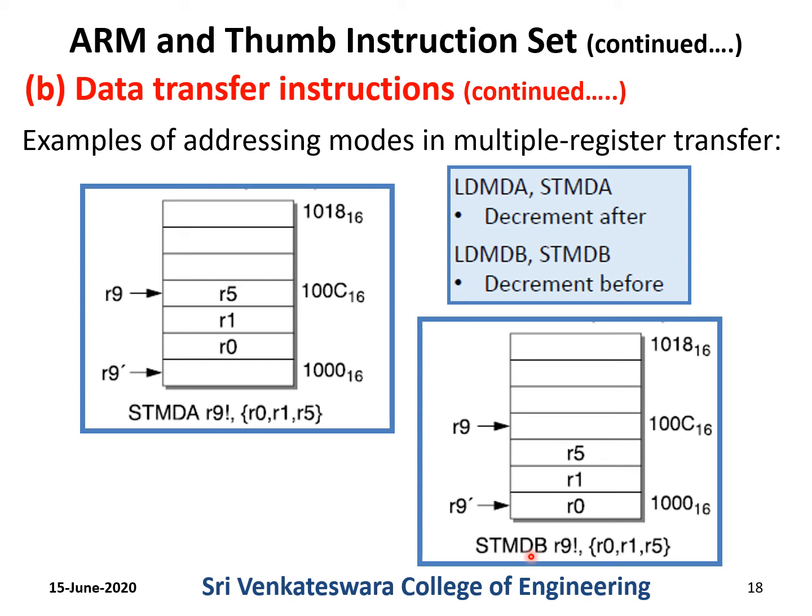In this kind of decrement before instruction, the order in which the register values are stored into the memory location is also reversed. Initially the address is decreased by 4, and in that new location R5 is loaded. Again R9 value is decremented by 4 and the next register content is loaded. Likewise it proceeds. At the end of execution of this instruction, R9 will be pointing to this address 1000.